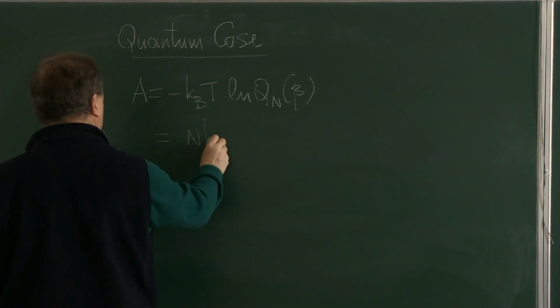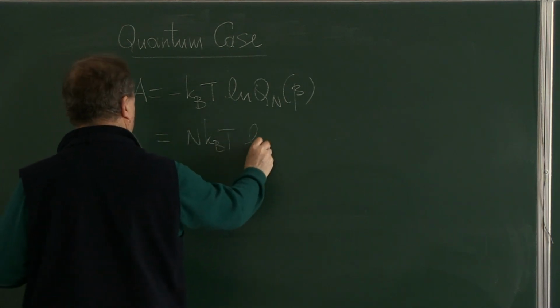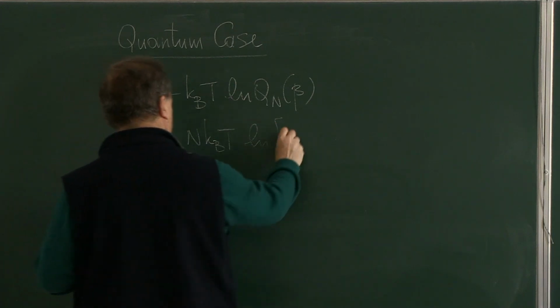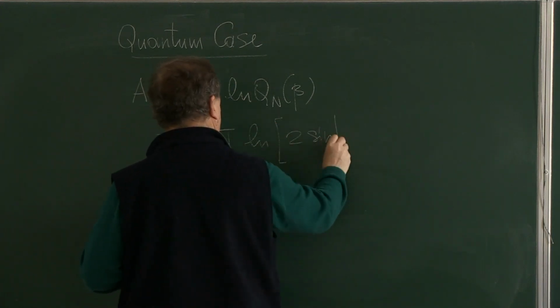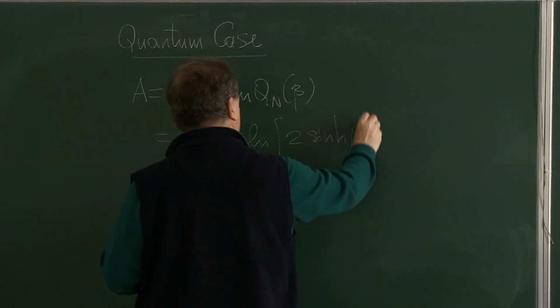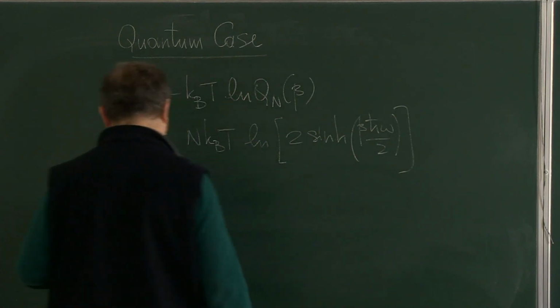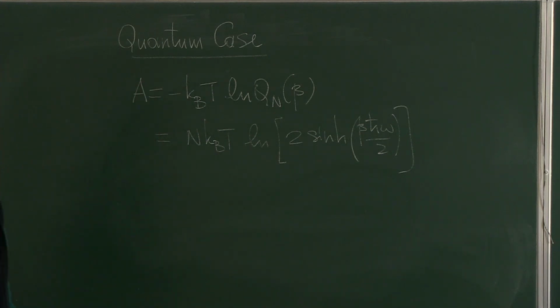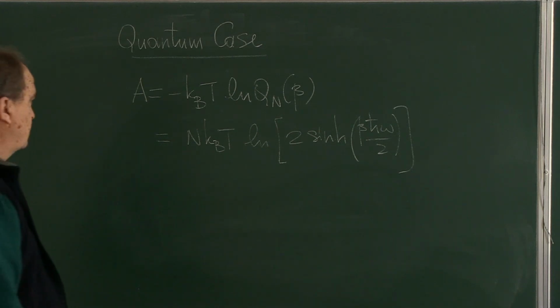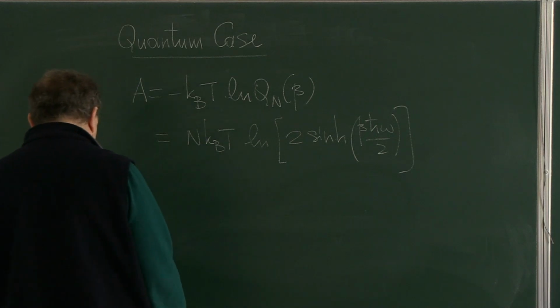That comes out to be N kBT ln of 2 sinh of beta h bar omega over 2. Minus N cancels the minus in the expression, so that's it.